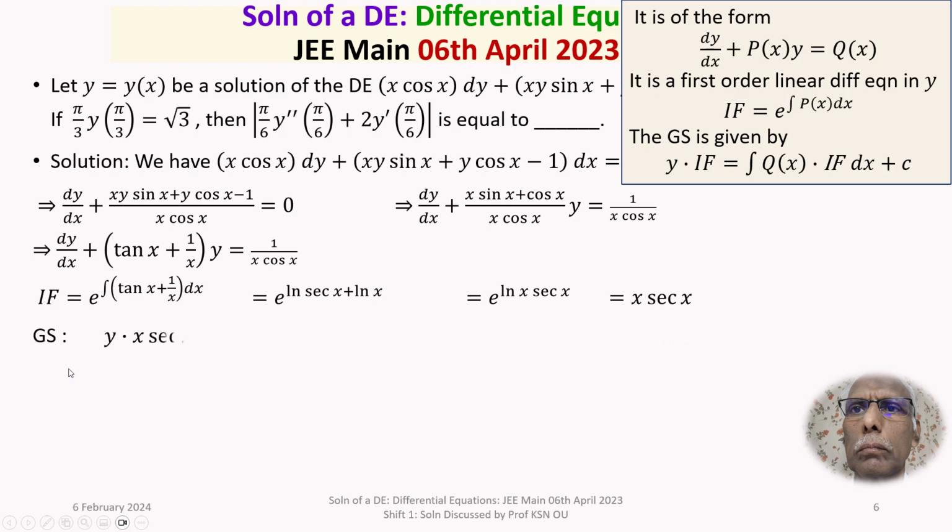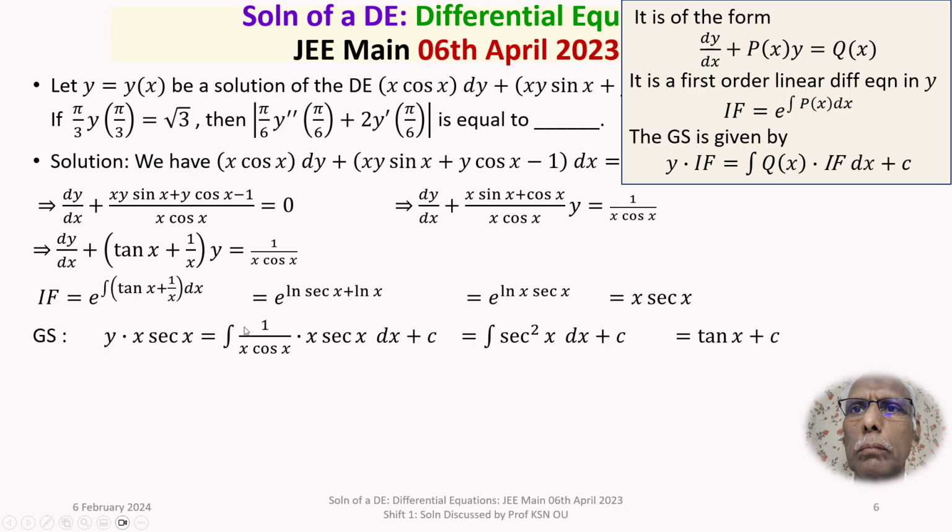Therefore, we will write down its general solution. The general solution is y times the integrating factor, that is x sec x, equal to the integral of q(x), which is 1/(x cos x), multiplied by the integrating factor x sec x, integrated with respect to x, plus c.